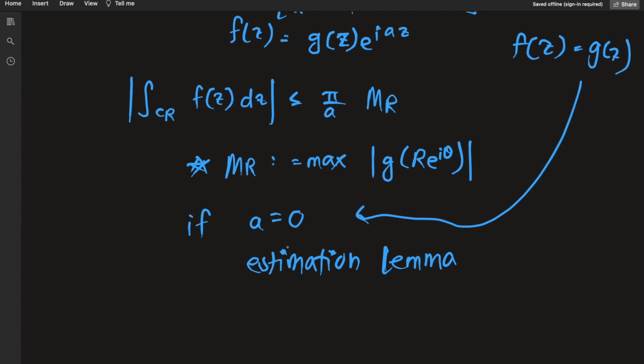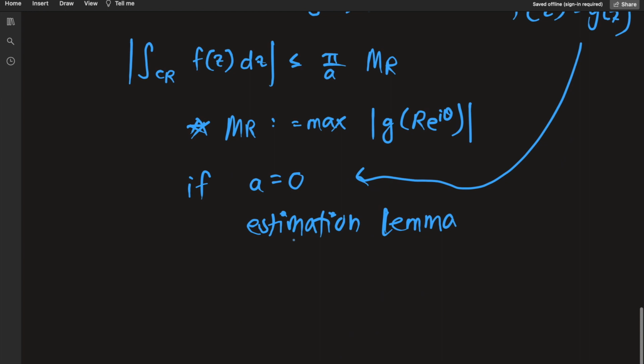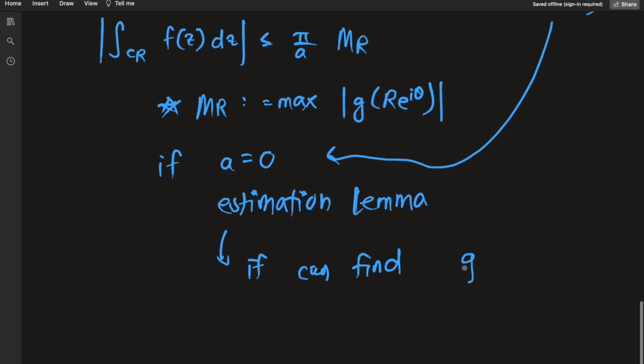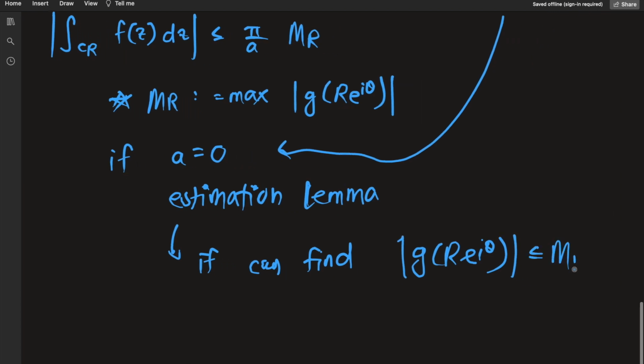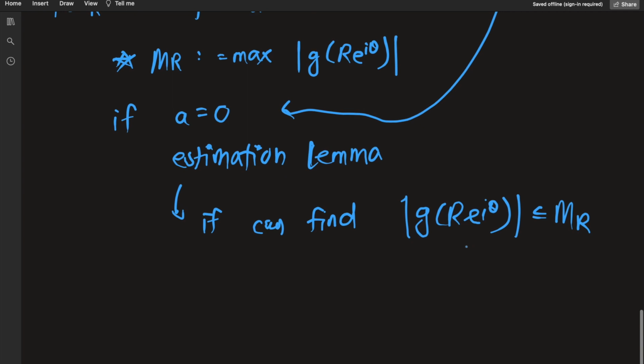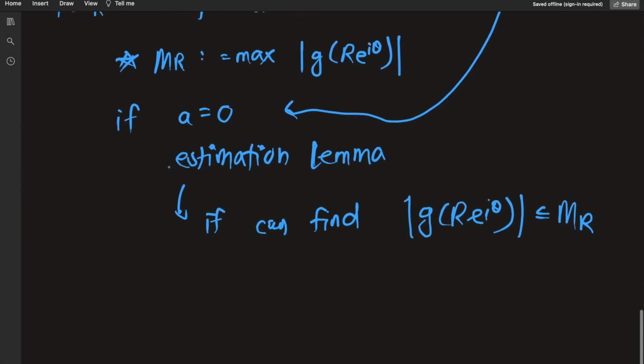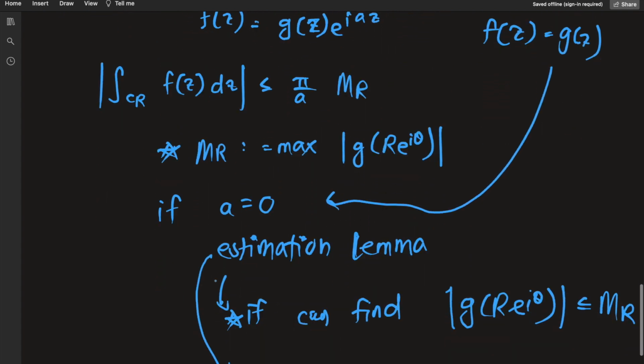And the estimation lemma essentially says that if you can find the max of this guy, then the entire integral goes to 0. So the estimation lemma again says that if you satisfy this condition, then directly you can say that this integral goes to 0 in the limit.